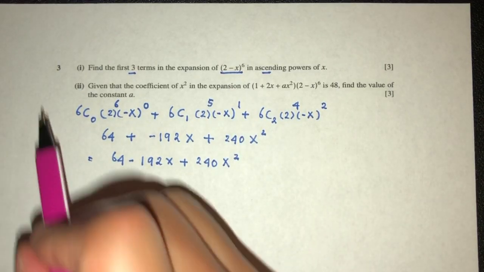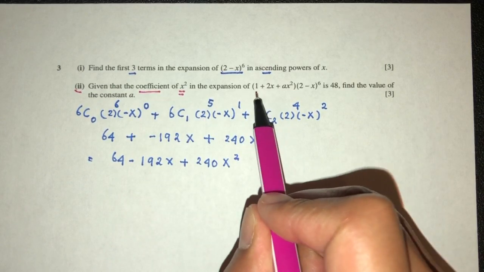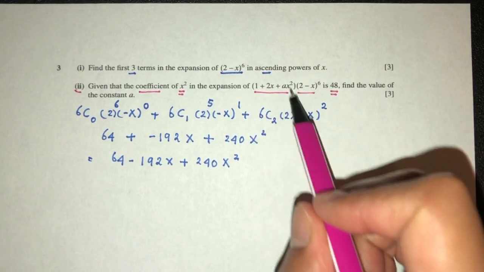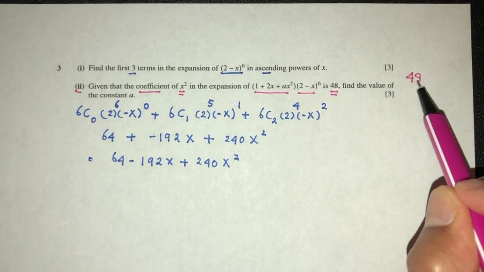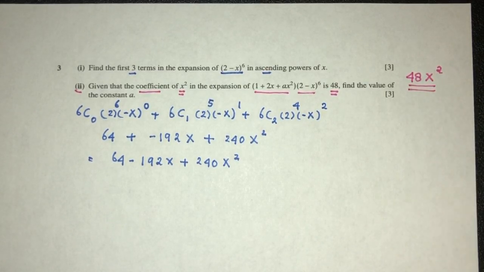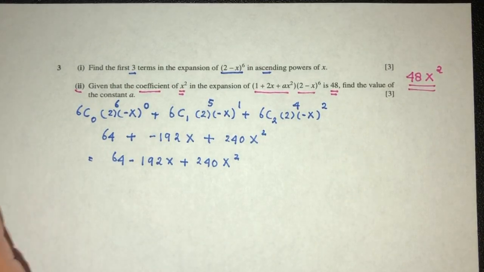Now for part 2, given that the coefficient of x squared in this expansion is 48, which means when you expand the whole thing here, you will have 48x squared, a term like this. Now we have to use that information to find the value of a. So let's use that.